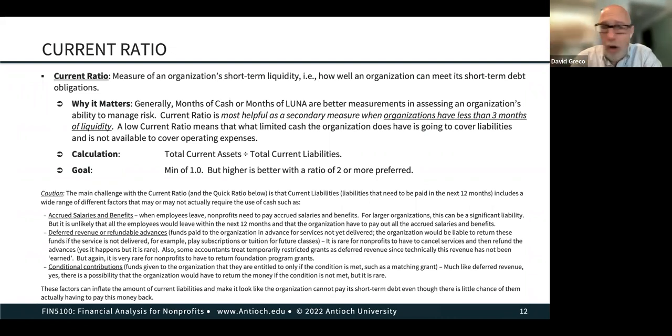But the chance of all your employees leaving at the exact same time and having to pay out everybody's benefits, that's probably not realistic, right? So yes, you may have an employee leave, but you're not going to have all of them. So the chances of you having to pay all of those liabilities in any one period of time is probably not realistic. So it's not something that's really typically going to happen pretty quick.